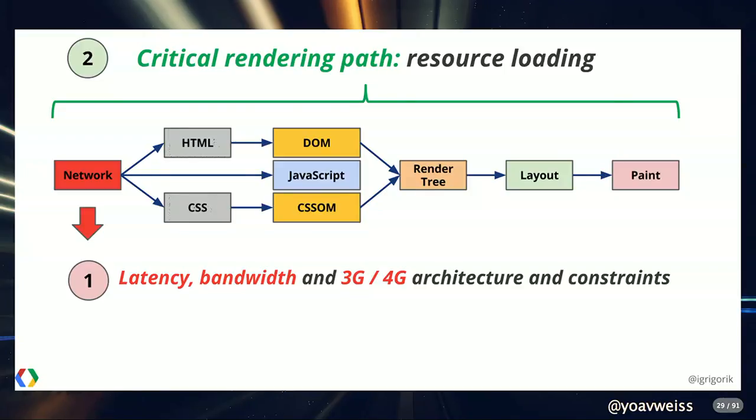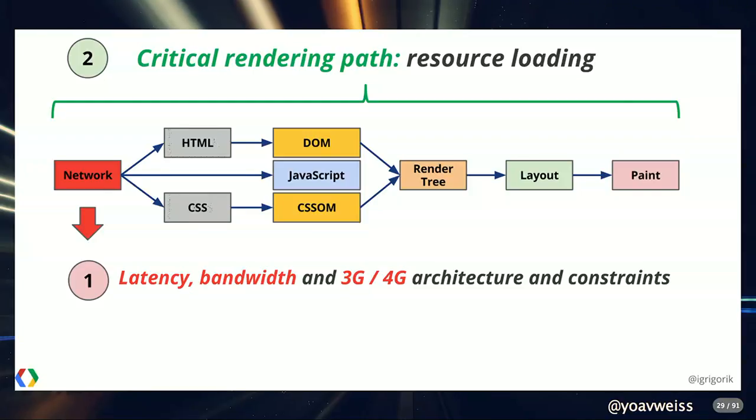First of all, the browser needs the HTML in order to construct the DOM, the document object model. Blocking scripts block the parsing of HTML, so block the creation of the DOM until they are fully downloaded and executed.